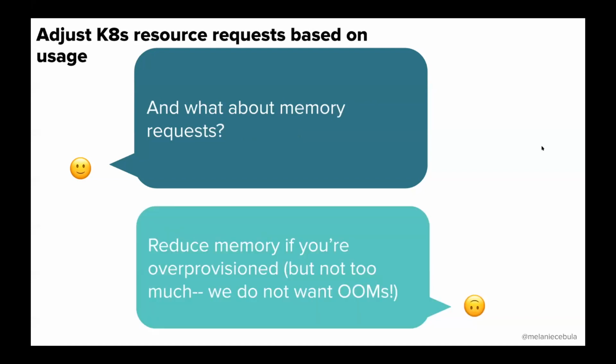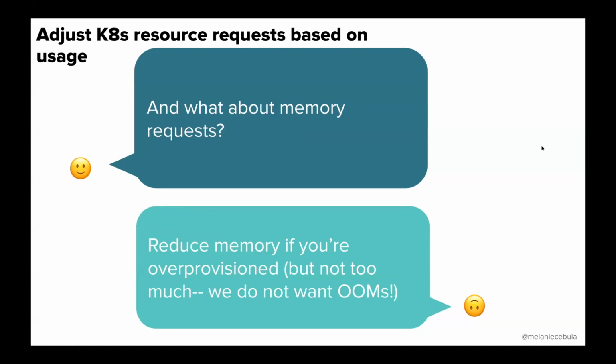Okay, and what about memory? Reduce memory if you're over provisioned, but not too much. When it comes to limits, setting limits in Kubernetes does have some overhead. One mistake I saw was people who set their memory limits based on, let's say, a 24-hour window or a 4-hour window.